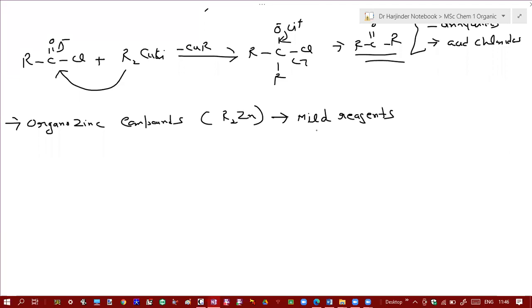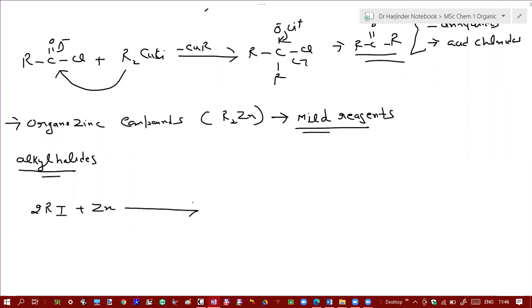Can they give only a few reactions? Let us see their preparation. They can be easily prepared from alkyl halides. Suppose you have alkyl iodide, RI, and you treat it with zinc first. The zinc atom is incorporated between the alkyl group and the iodine atom to give alkyl zinc iodide.